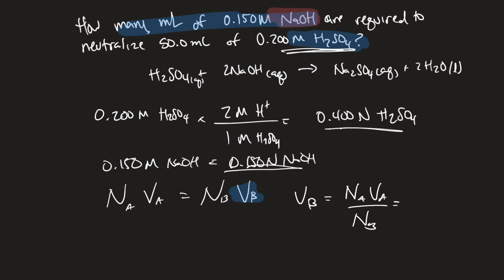The normality of the acid is 0.400, the volume of the acid is 50 milliliters, and the normality of the base is 0.150.